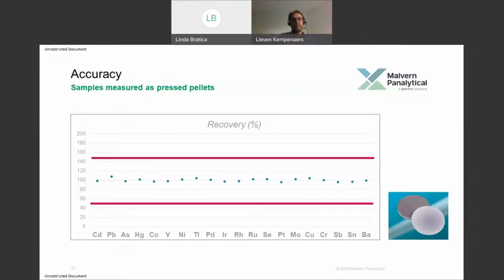And you can also show it in a visual way, where you calculate the recovery rate in percent, where everything is well within the limits between 50 and 150%. Even within 80 and 120%, it's well within those limits of recovery for all those elements that we investigated.